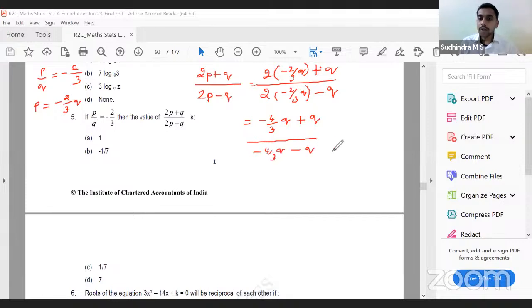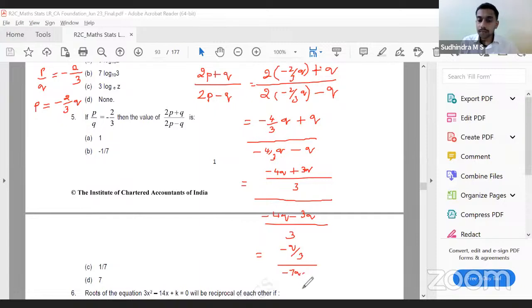So we have to just take LCM in the numerator, minus 4q plus 3q, divided by minus 4q minus 3q. That is minus 4q plus 3q is minus q by 3, divided by minus 7q by 3.